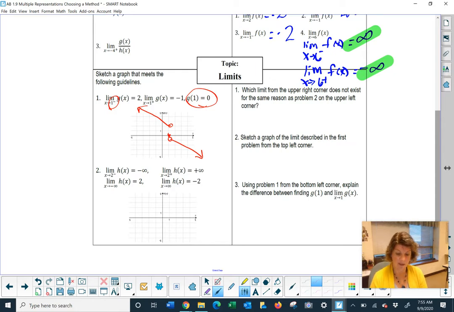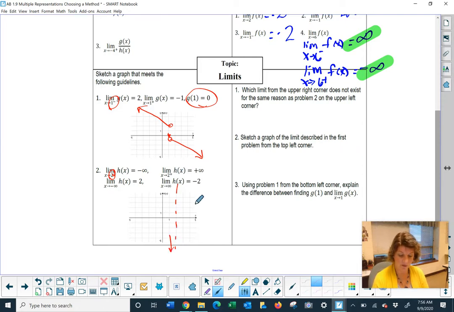Number 2 has a little bit more going on. I have an asymptote at 2, because from the left and the right it approaches infinity and negative infinity. That is the definition of a vertical asymptote. So from the left side of 2, we are headed to negative infinity, so I know I'm coming down to there.